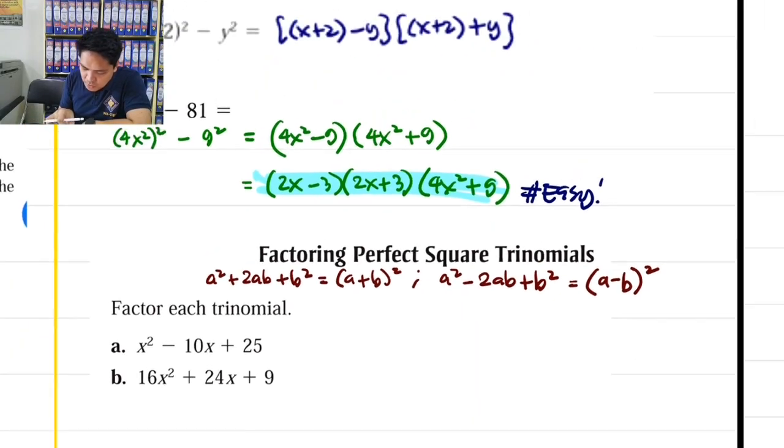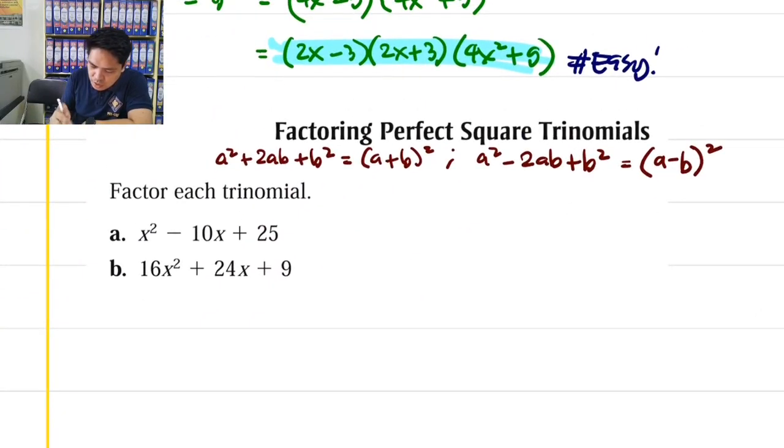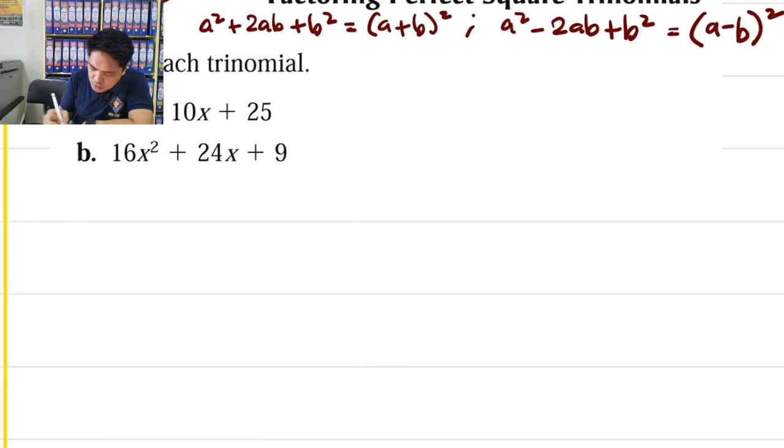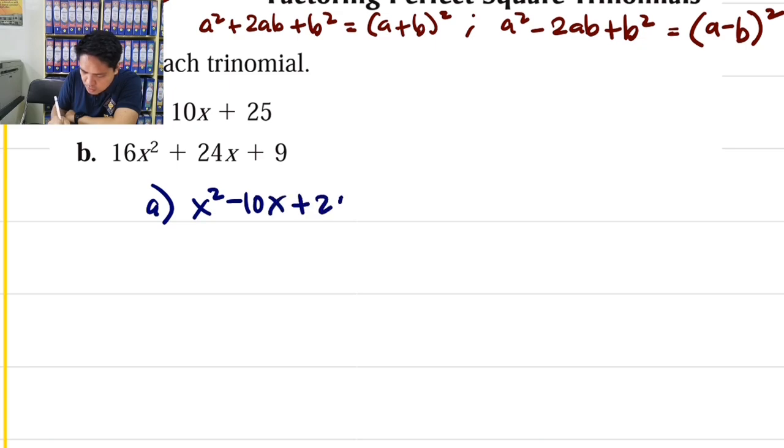Okay. By the way, this is now problem 5-3. Okay, let's try to factor letter A. For letter A, we have x squared minus 10x plus 25. Now, if this is a perfect square trinomial, we could test. 25 is a perfect square as well as x squared is a perfect square.